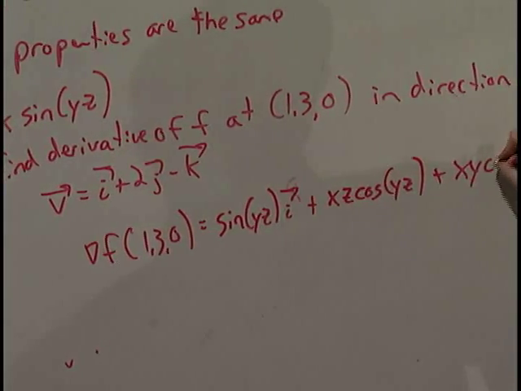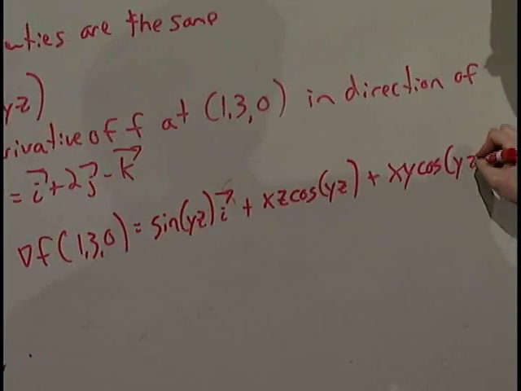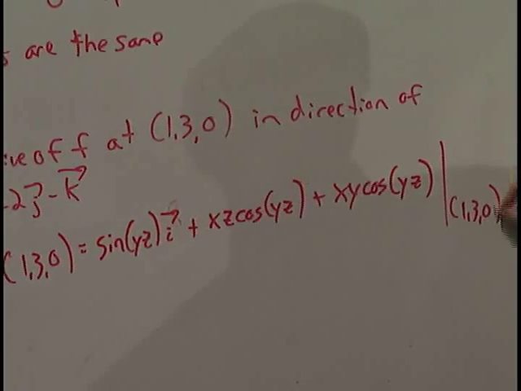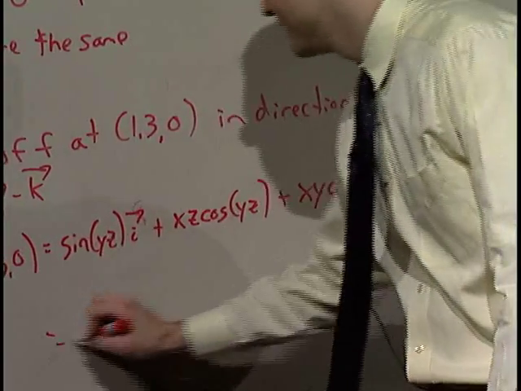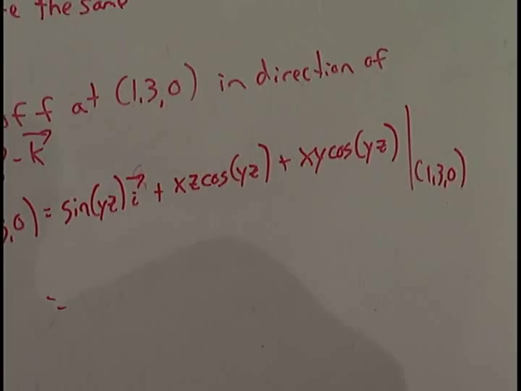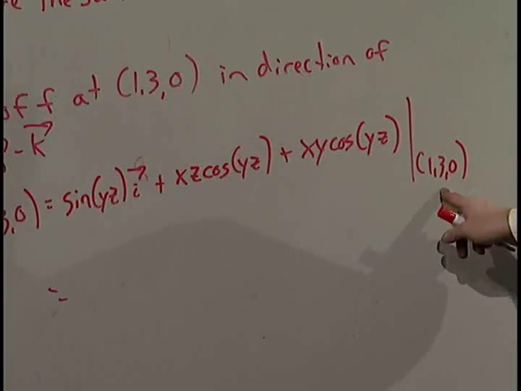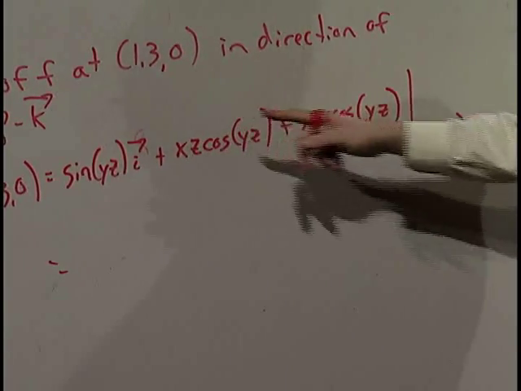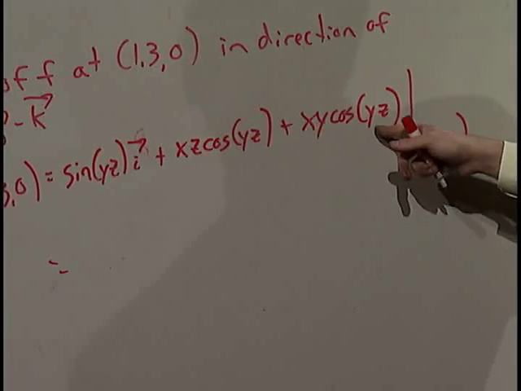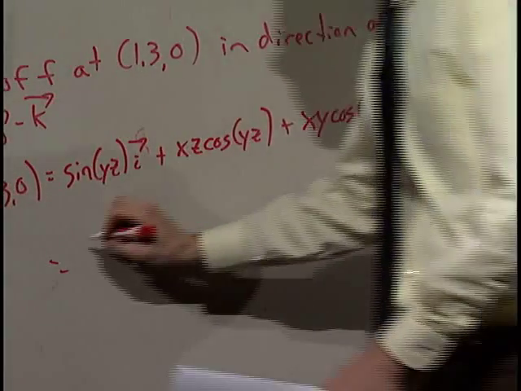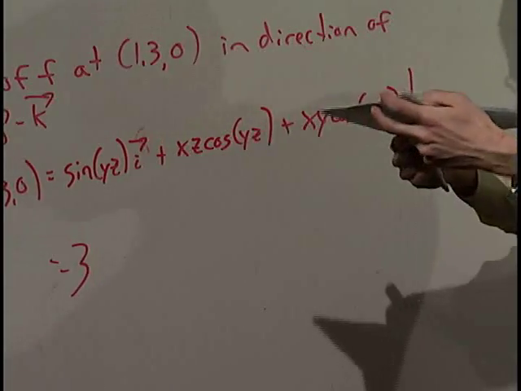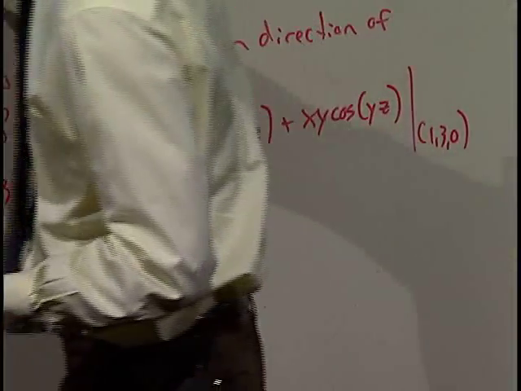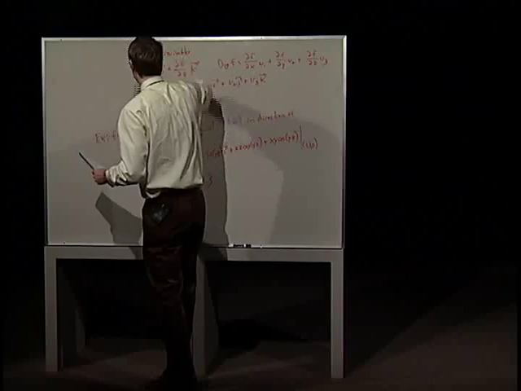So you get xy cosine yz k. Evaluated at 1, 3, 0, you plug stuff in. Sine of 0 is 0, that's gone. This has got a z, so that zeroes out. Cosine of 0 is 1 times 3. So you get 3k at the end of all that as your gradient. And let me erase the top of this. So you have your gradient.